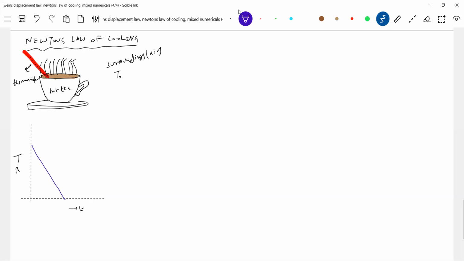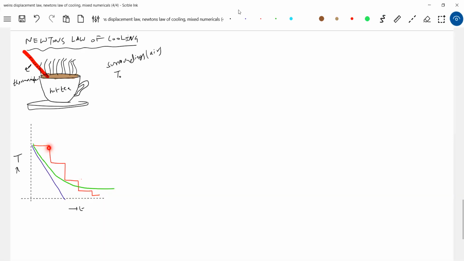The other student says, no sir, first it will cool down, then it will not cool, then it will cool down, then it will not cool, then cool down. Like this it will happen. Another student says, sir, it will decrease like this. Tell me, who is right?